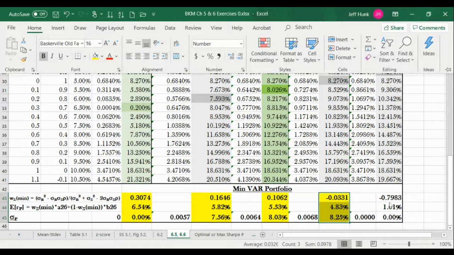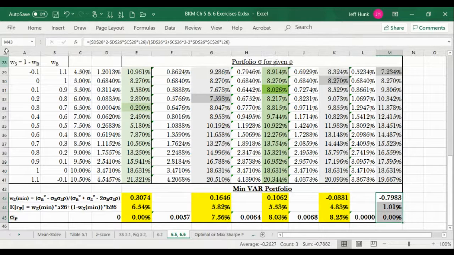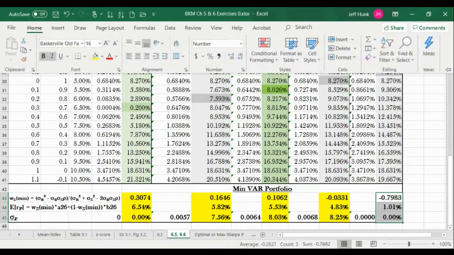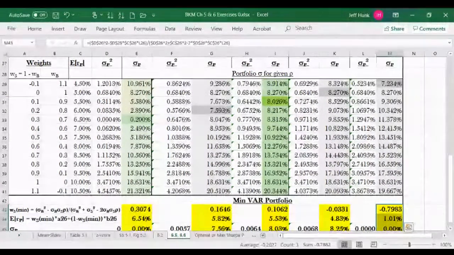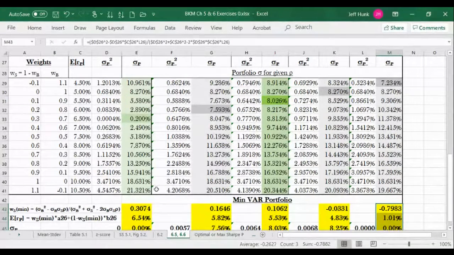So then, what are the implications of these different correlations? What are the implications to the frontier, or it's called also investment opportunity sets.